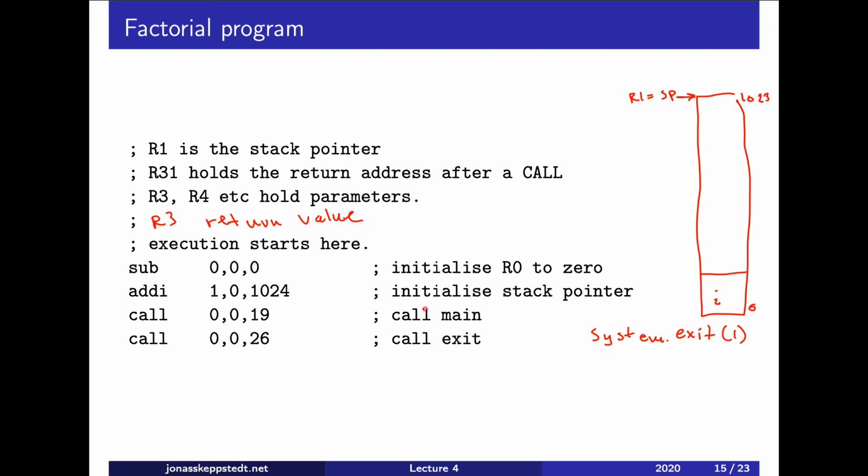Okay, but now we will see something interesting. When we call main and get the result from main, that's really like this. In main we get this return 5, for instance. Okay, what will happen? 5 will be stored in R3. Okay, and then R3 will get 5. Okay, and then we call exit with R3 set to 5.